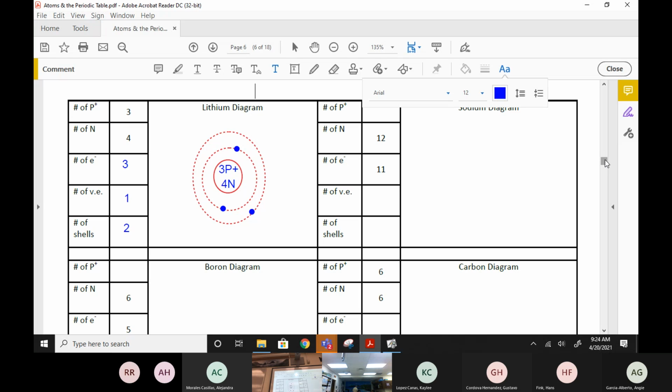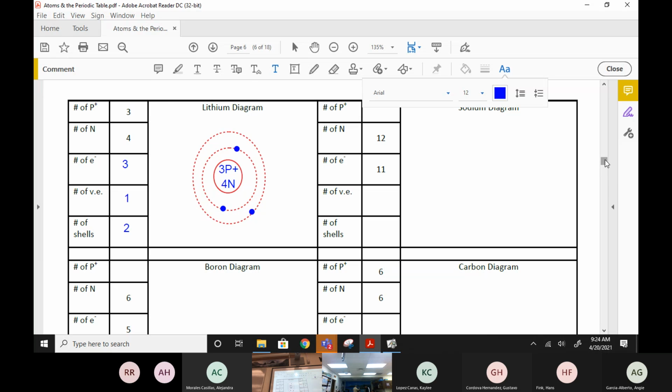So how many electrons total? 5, right? How many can go on the inside shell? Remember up here at the top it said the inside shell can only hold 2. So I'm going to take 2 of them away and put them on the inside shell. How many does that leave on the outside?